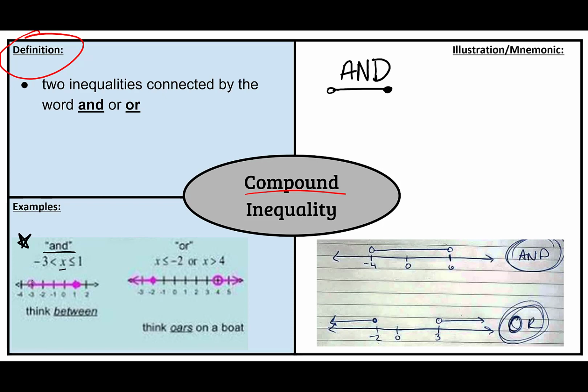The numbers are greater than -3, as you can see on this graph, and they are also less than or equal to 1. So those lines move towards each other, right? In an "and" statement, the lines move towards each other, which is why I write "and" like that with a line underneath it.